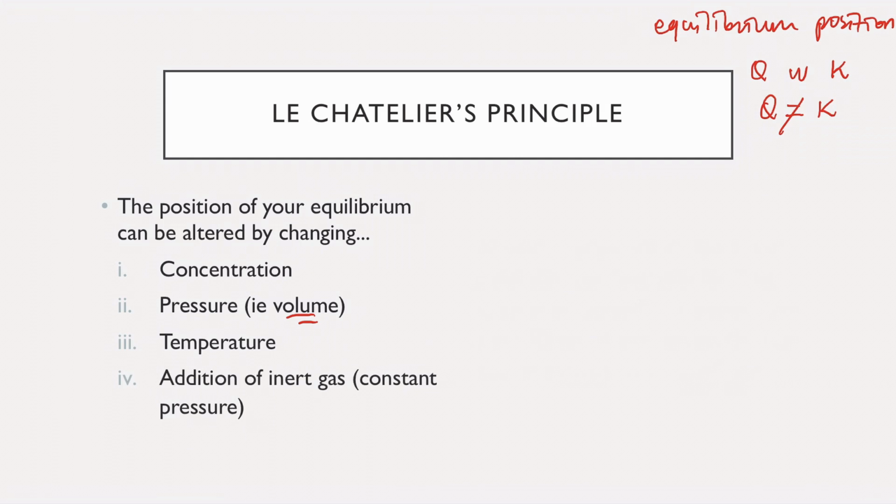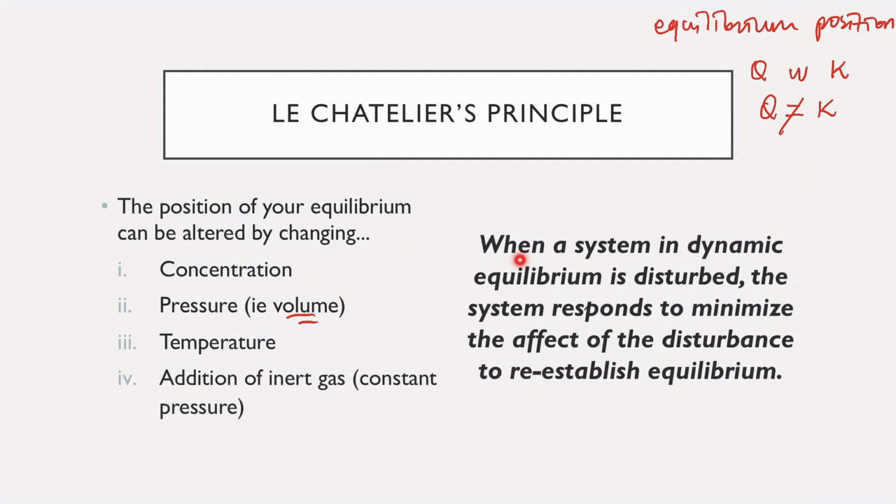That's where Le Chatelier, this guy, comes in. He proposed a principle, Le Chatelier's principle, and it states that when a system in dynamic equilibrium is disturbed by these factors, the system responds to minimize the effect of the disturbance to re-establish the equilibrium.